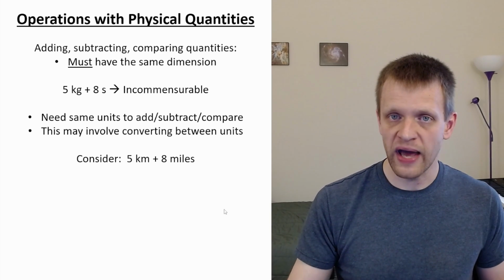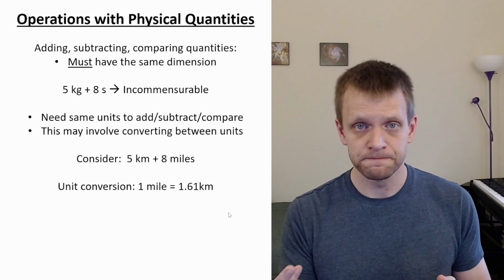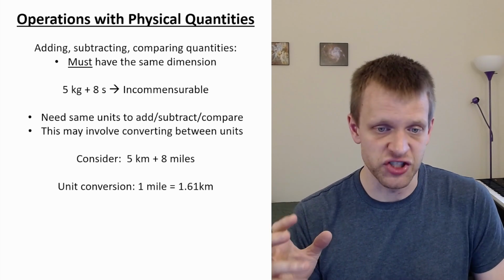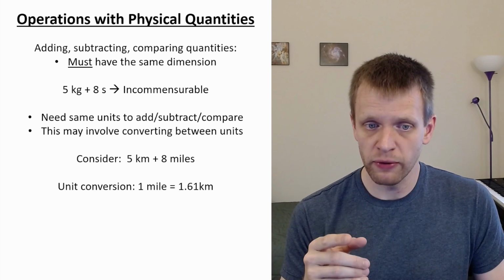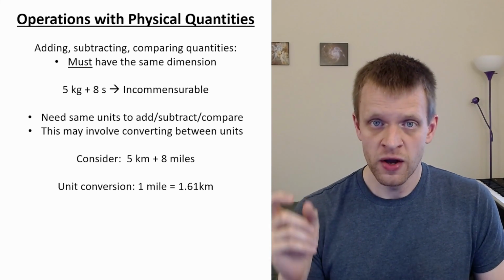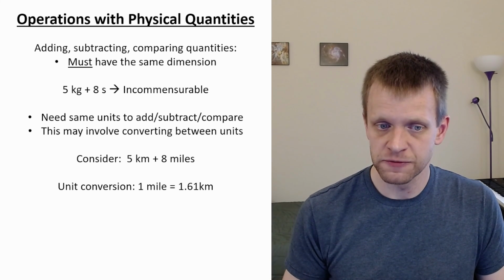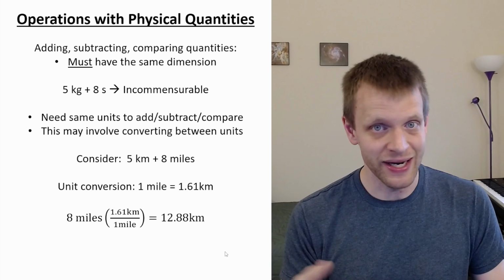So if I want to actually perform this operation, I have to go through a unit conversion. So let's say that 1 mile is approximately 1.61 kilometers. In order to do this operation, I would have to be able to convert that 8 miles to some number of kilometers. And there's a variety of different ways that you can organize this.